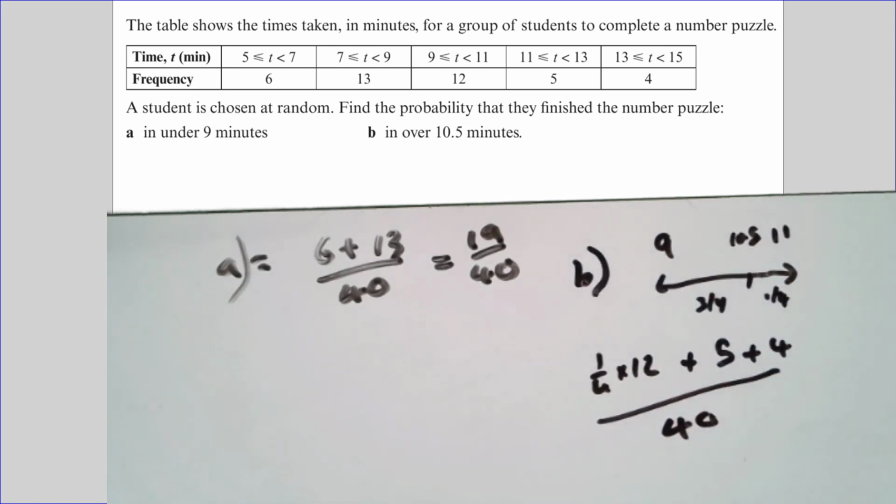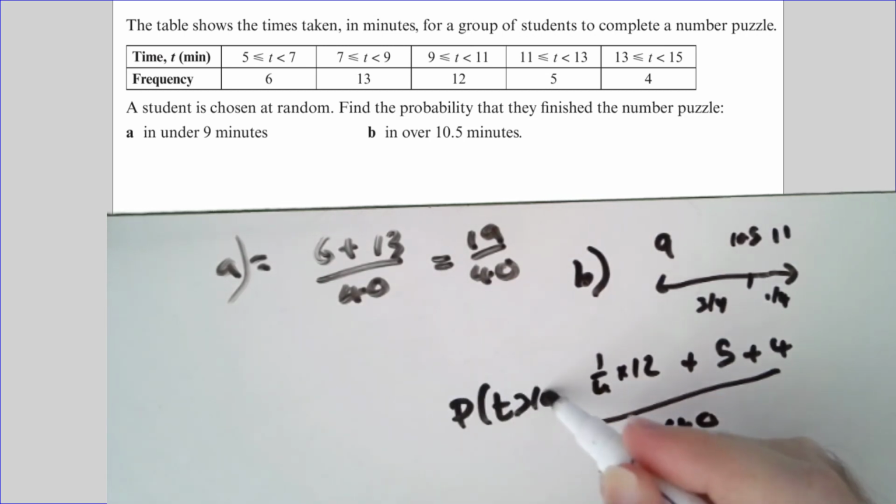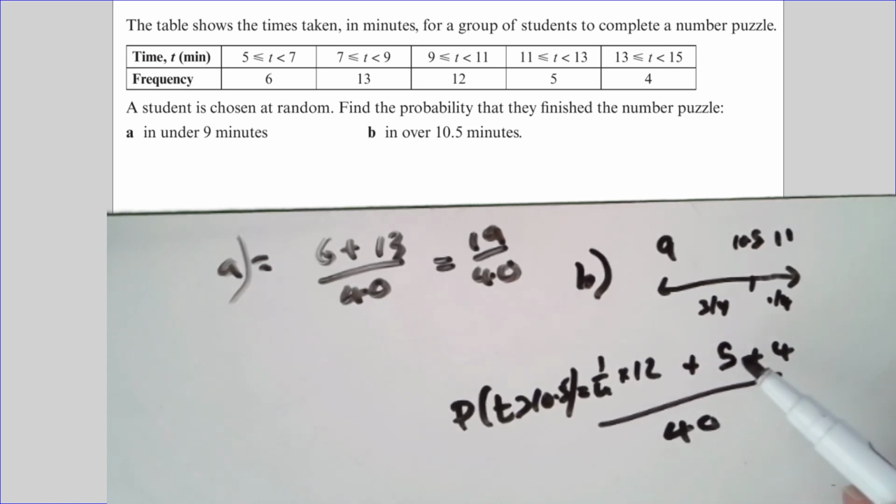So this is for B. The probability that T is greater than 10.5 is, and this is going to be an estimate because we don't have the actual data, 3 plus 4 plus 5, so we get 12 out of 40, which we can cancel down to 3 out of 10.